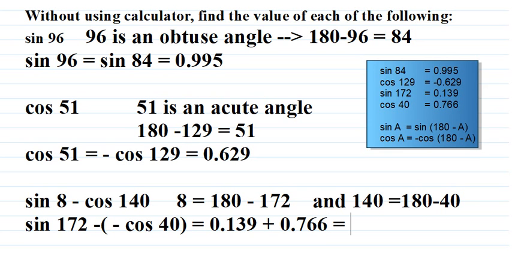So at the end, the answer will be 0.905. And that's how you solve sine and cosine without using a calculator.